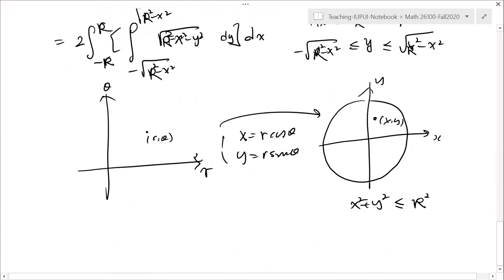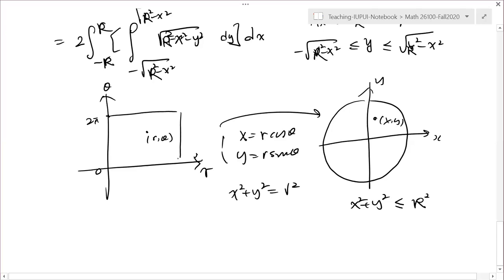But x squared plus y squared, using the above, equals r squared. So that means there's no restriction on theta. Actually, theta is going to be from 0 to 2 pi.